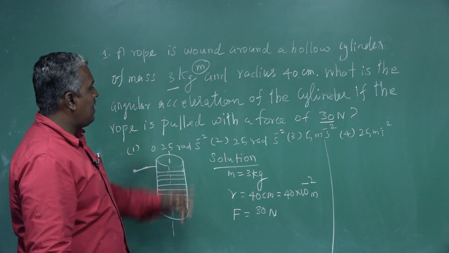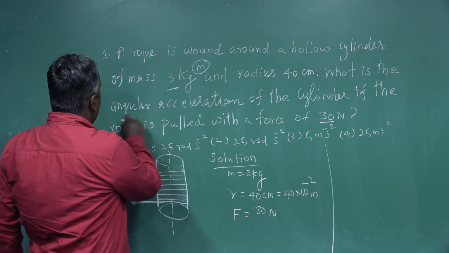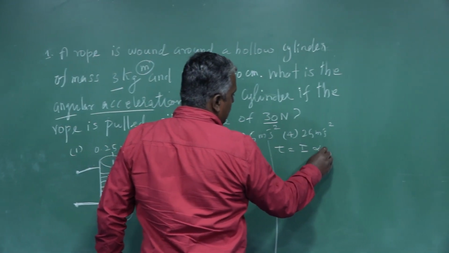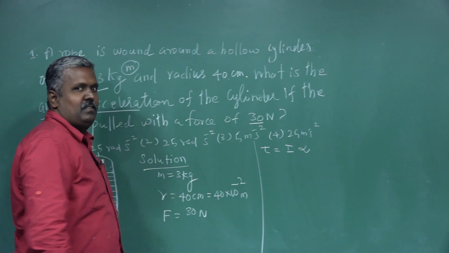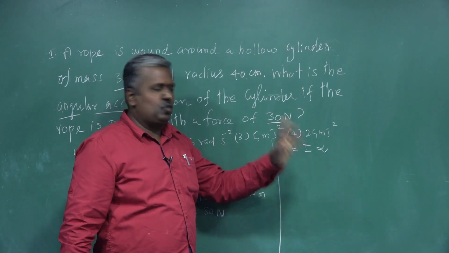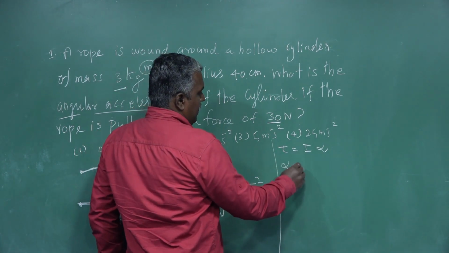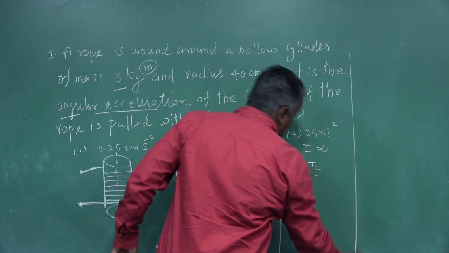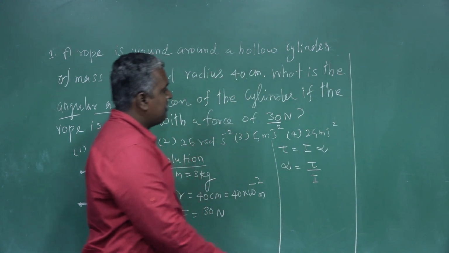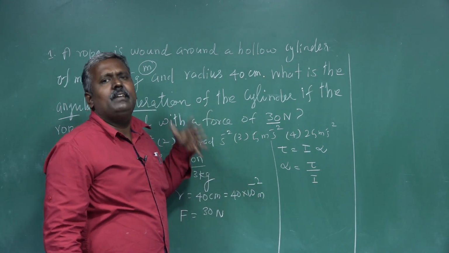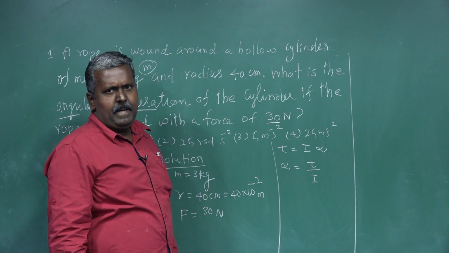What is the basic formula for angular acceleration? Tau is equal to I alpha. Alpha here means angular acceleration. So alpha is equal to tau by I. What is tau? Torque on the cylinder, the hollow cylinder.